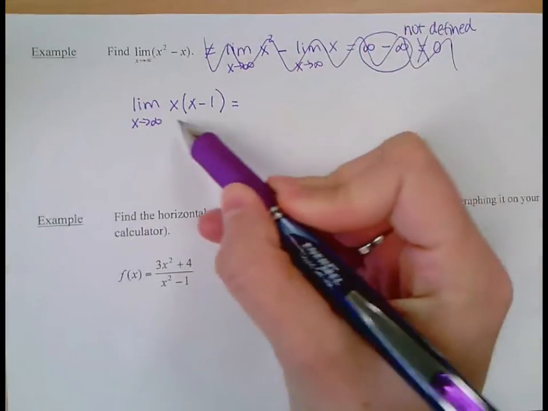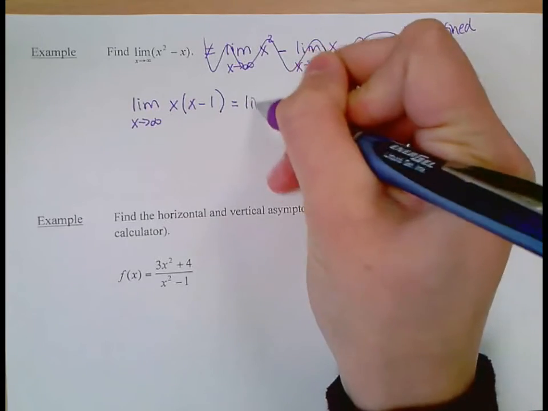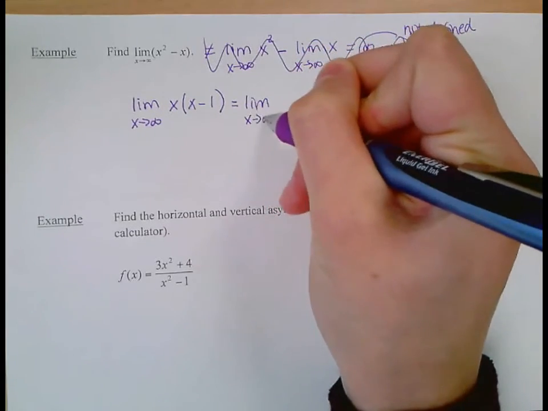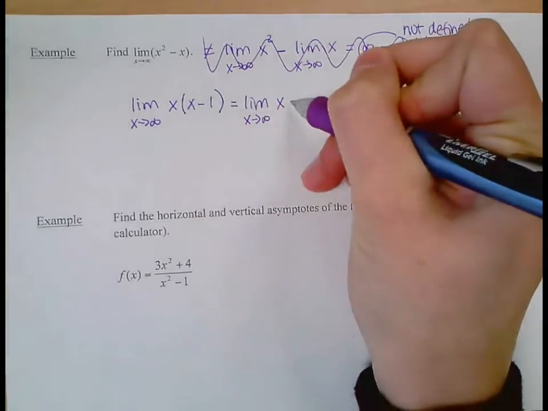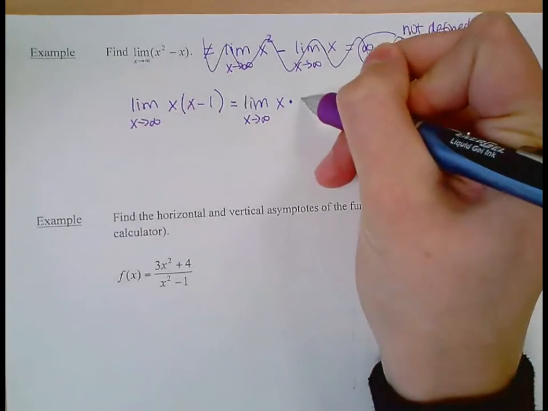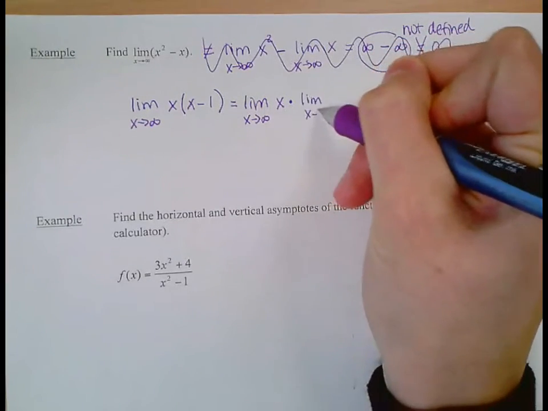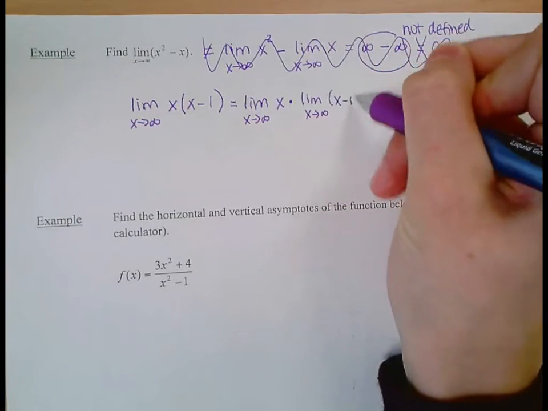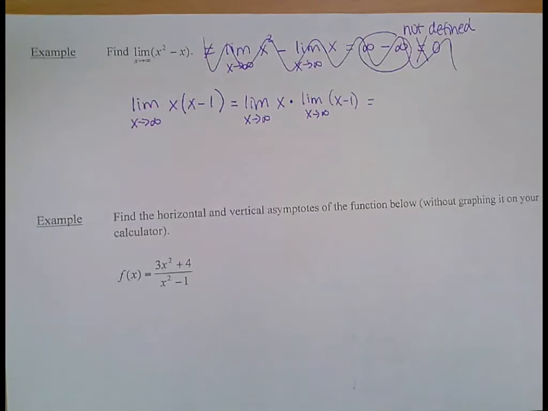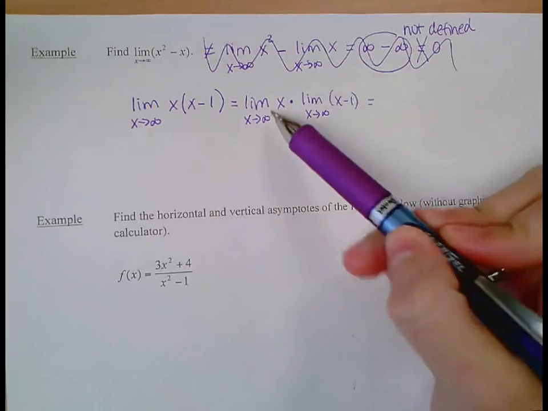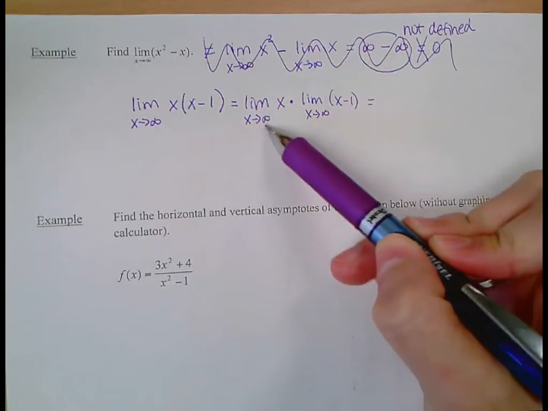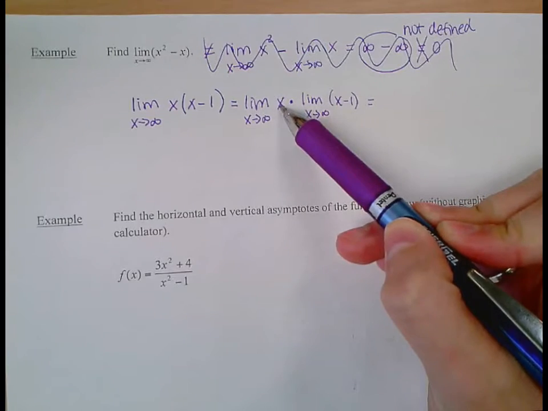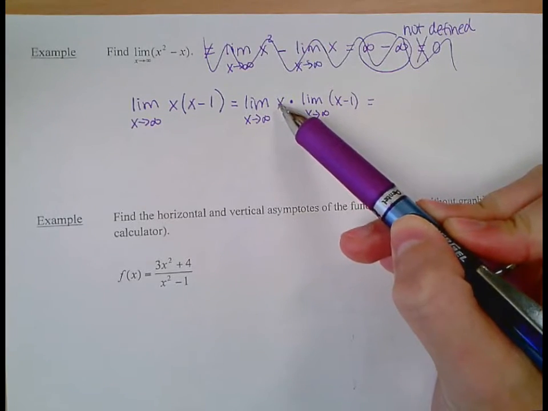Now I can think of it as taking the limit as x approaches infinity of x, multiplied by the limit as x approaches infinity of x minus 1. Here this is defined, and this does make sense mathematically. If x is approaching something very, very large, the limit of x is going to be infinity.